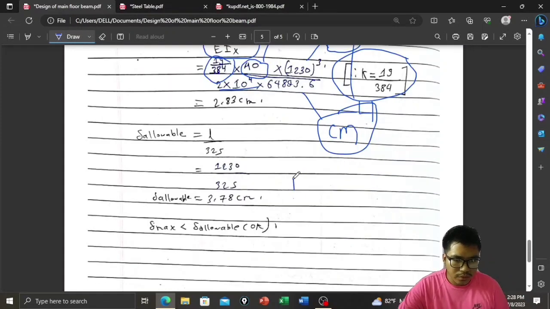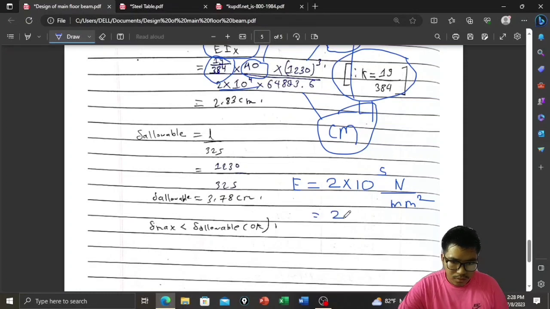So the value of E is 2 into 10 power 5 Newton per millimeter square or megapascal.